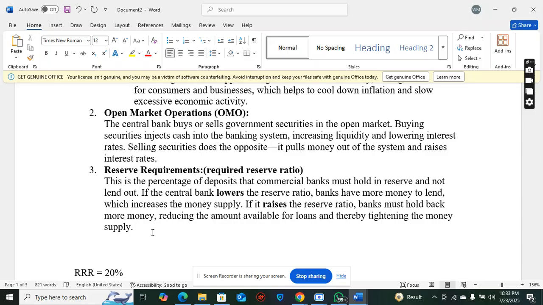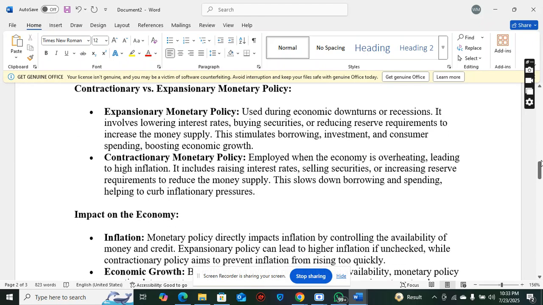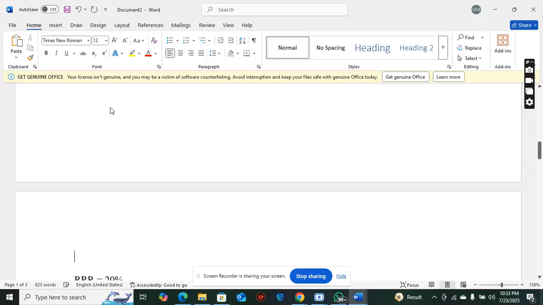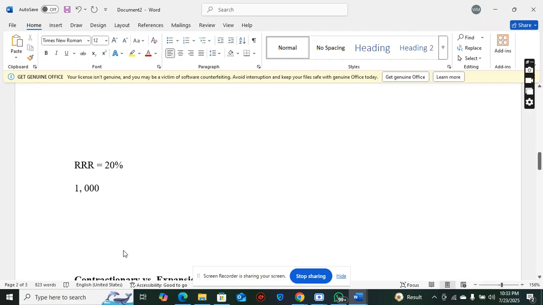What this means is this: if you go to your bank and deposit 1,000 kwacha, with this required reserve ratio of 20%, the bank has to keep 20% of your money and the other 80% it can loan out. What is 20% of 1,000?